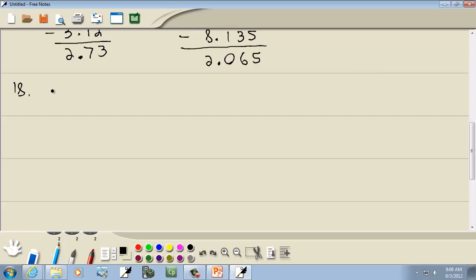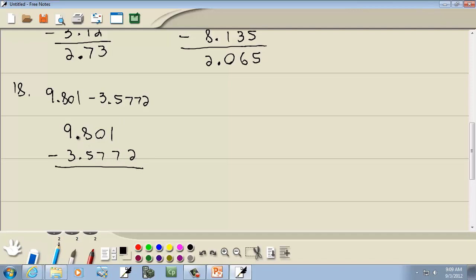We got 9.801 minus 3.5772. Okay, so I got 9.801 minus 3.5772. Again, I lined up the decimal places. And again, if you need to put the zeros here to see everything lined up, then go ahead and do that.